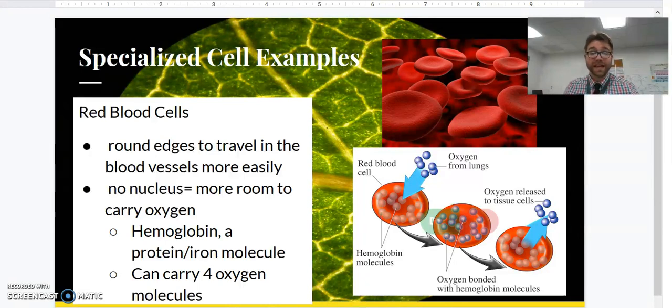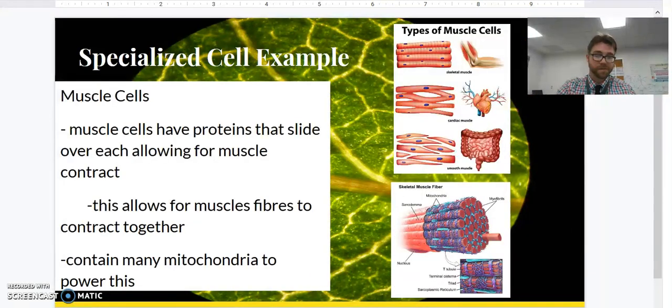They also don't really have a lot of organelles. They don't even have a nucleus once they're mature because they're making room for hemoglobin, which is a protein that has a lot of iron in it. This hemoglobin carries oxygen. It can carry up to 4 oxygen molecules at once, and it is what allows the red blood cell to carry oxygen.